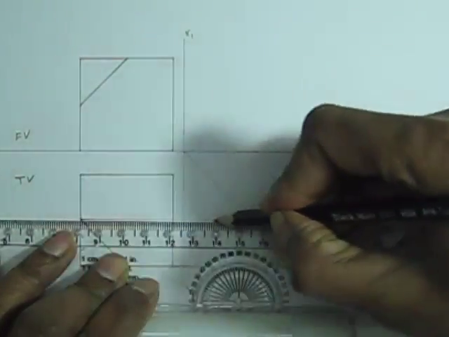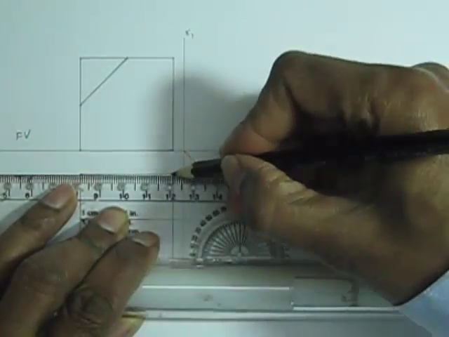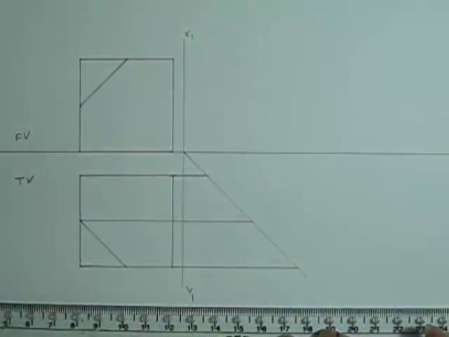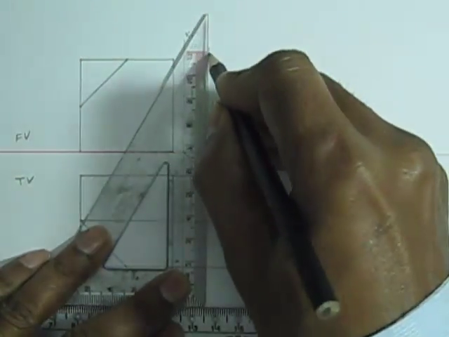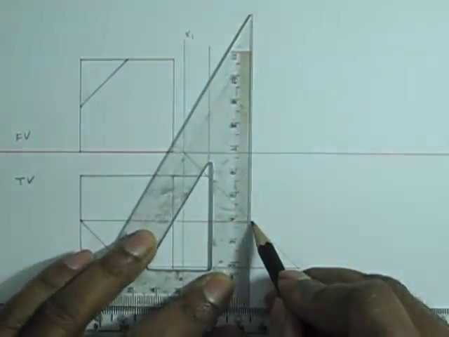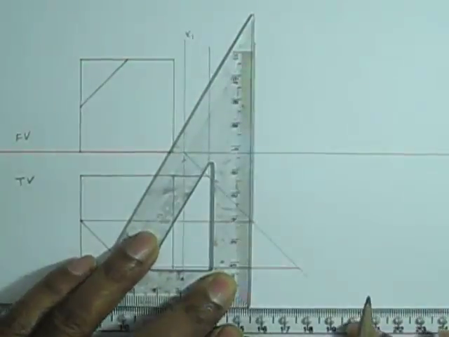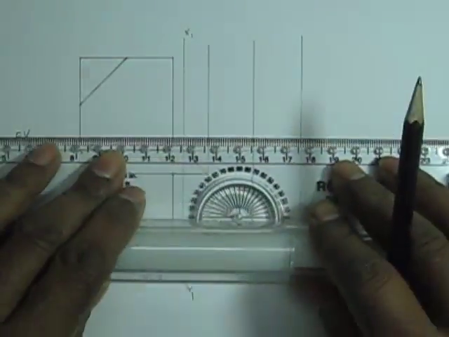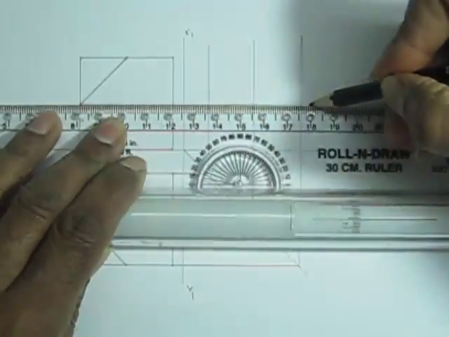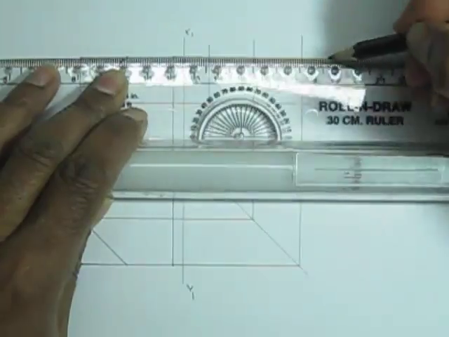Now we will project the dimensions from the top view for the left hand side view, and then project the dimensions from the front view.